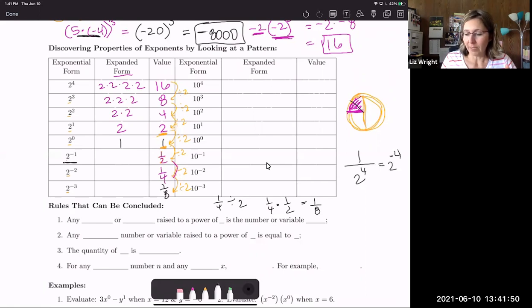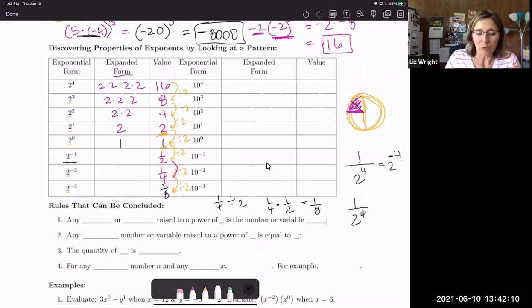So the negative up here is just a way to say 2 to the -4th is actually 1/2 to the 4th. And so again, it's just a way to write it so it takes up less space on your page.